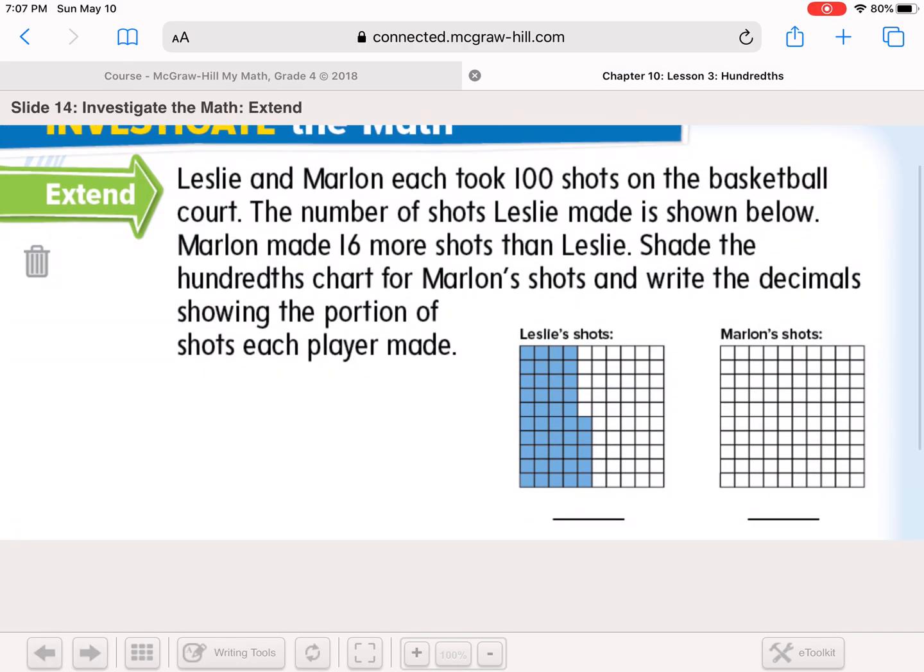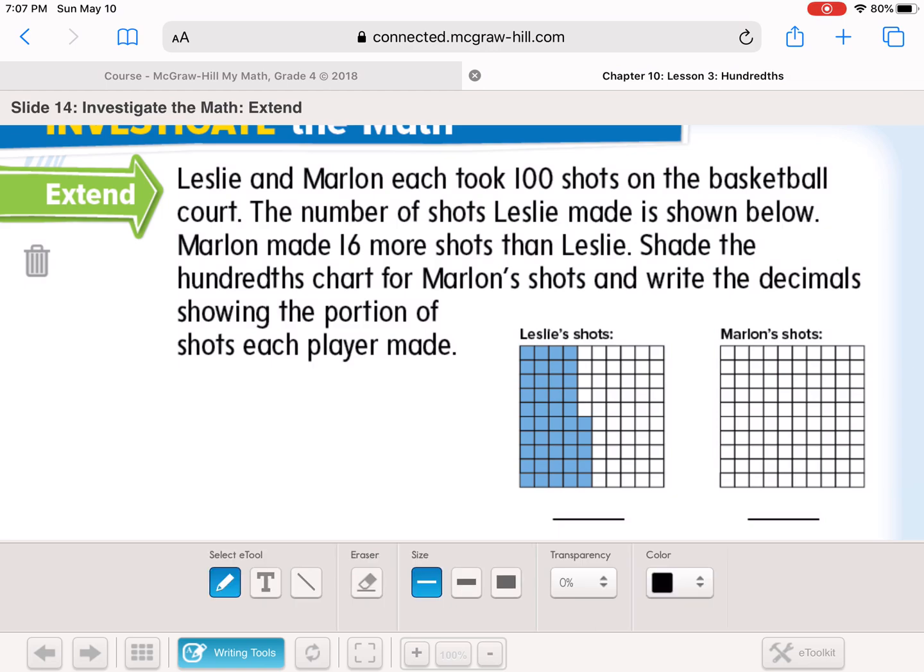Okay, Leslie and Marlon each took 100 shots on the basketball court. The number of shots Leslie made is shown below. Marlon made 16 more shots than Leslie. Shade the hundredths chart for Marlon's shots and write the decimals showing the portion of shots each player made. So first let's do Leslie's and figure out how many she made. We have 10, 20, 30, 40, 41, 42, 43, 44, 45.